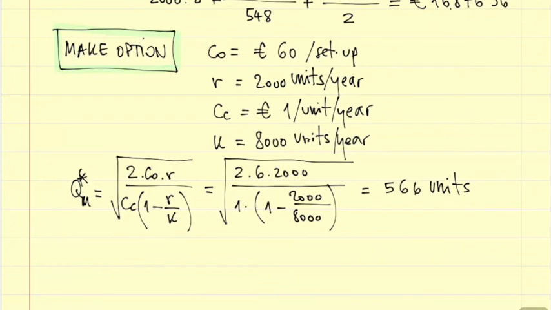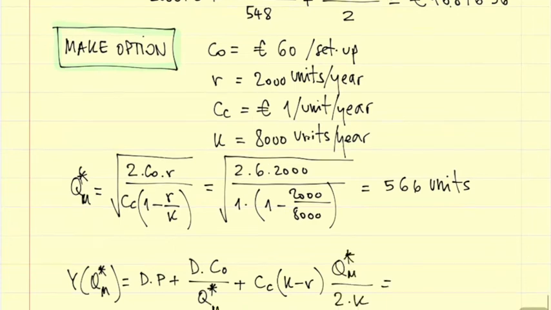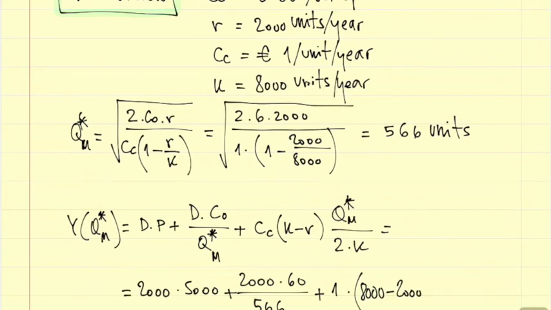And then the cost of making equals D times P plus D times CO divided by Q star M plus CC times (K minus R) times Q star M divided by 2K, and this equals 2000 times 5 plus 2000 times 60 divided by 566 plus 1 times (8000 minus 2000) times 566 divided by 2 times 8000.